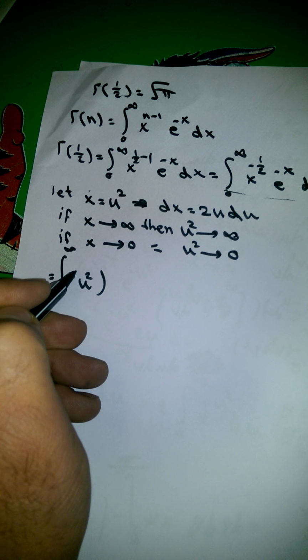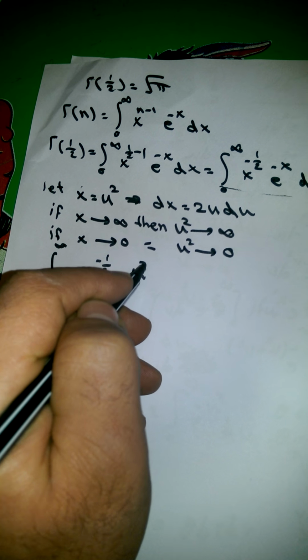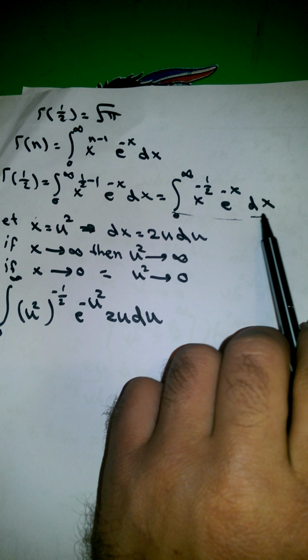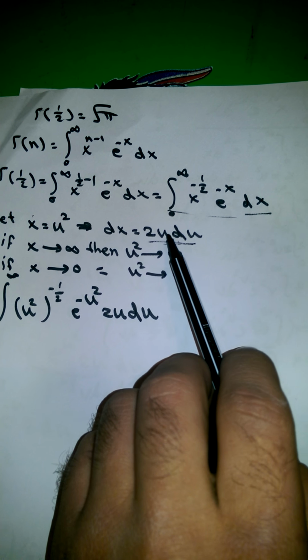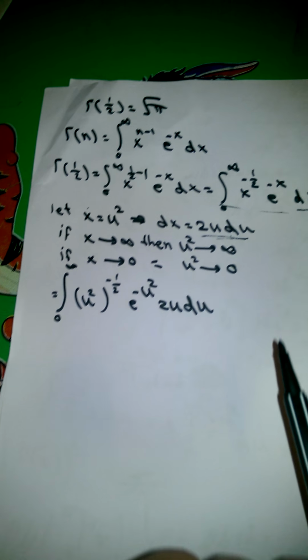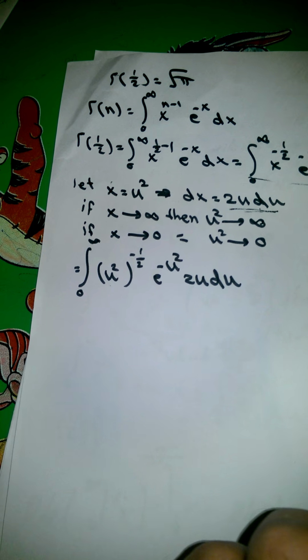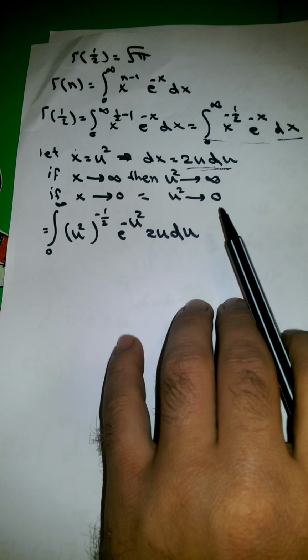We say u square to the power minus 1 over 2 e to the power minus u square 2u du. Instead of dx we have 2u du. We mustn't have any x in this step. The variable here is u.